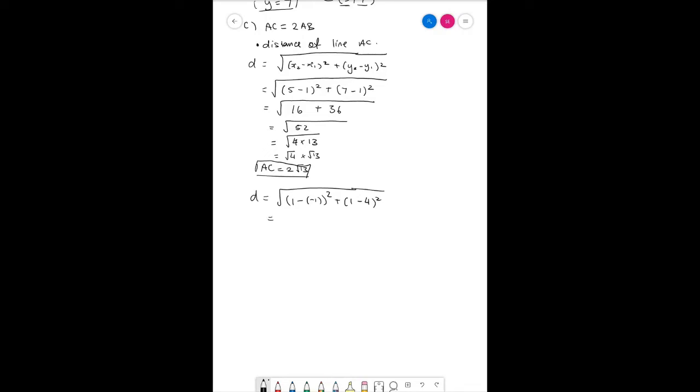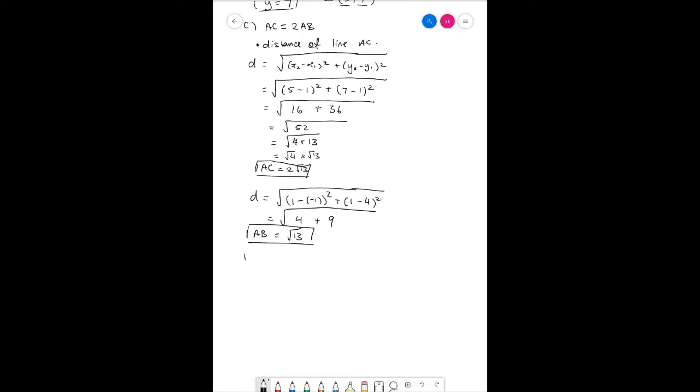So then we've got 1 minus minus 1, which is 2. So 2 squared is 4, plus 1 minus 4 is minus 3, minus 3 squared is 9. And you get the square root of 13. So that means AB is the square root of 13.